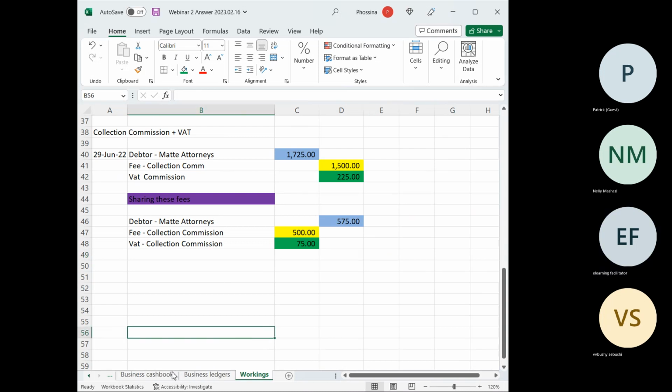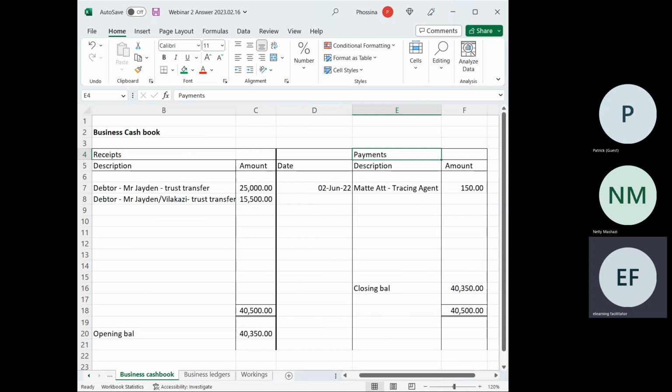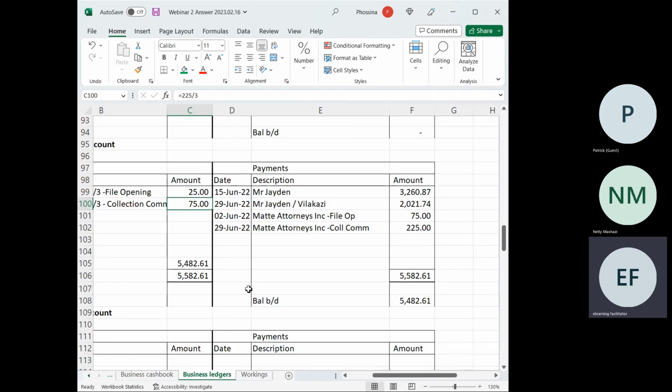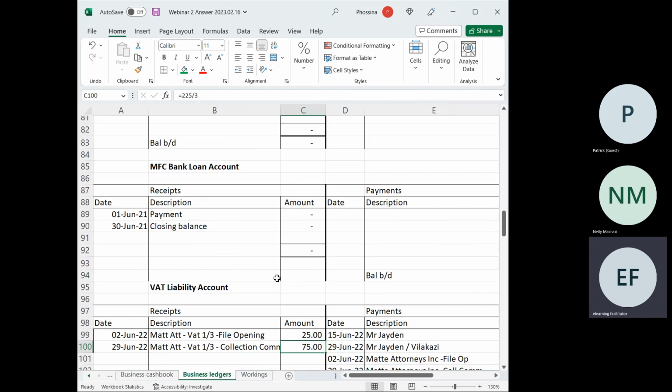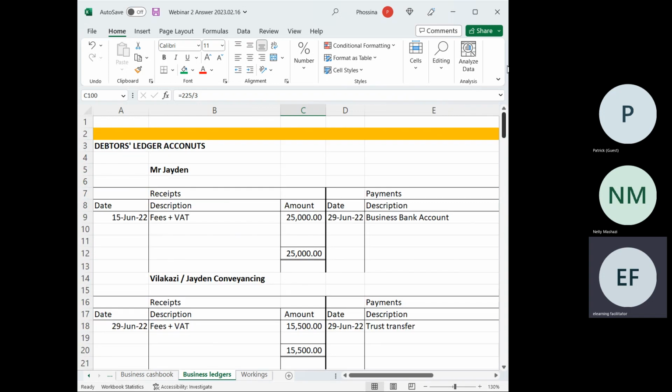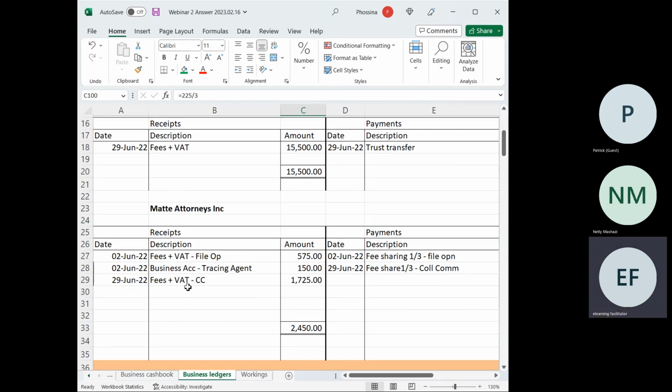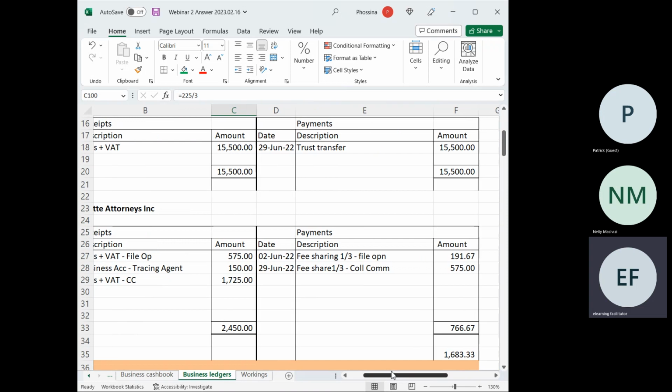Okay. And then we are told that we account to Maid Attorneys and pay the money due to them from the trust account. Okay, so we are supposed to pay money due to them from the trust account. So what we do is that to account, we go back to their ledger. Maid Attorneys, this is the ledger.